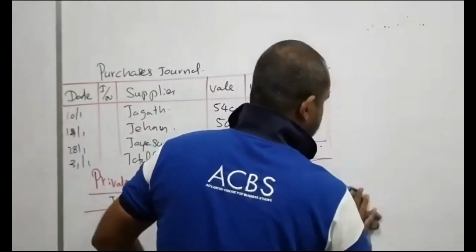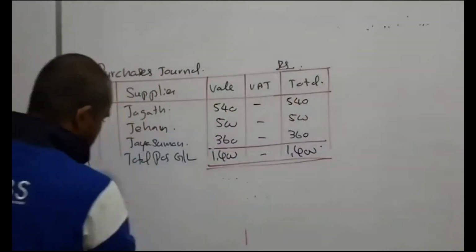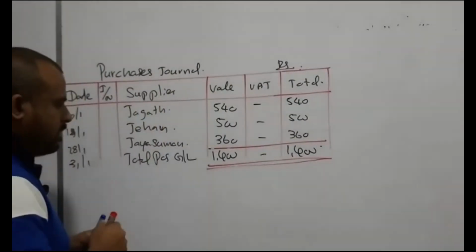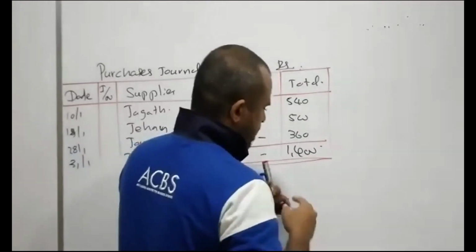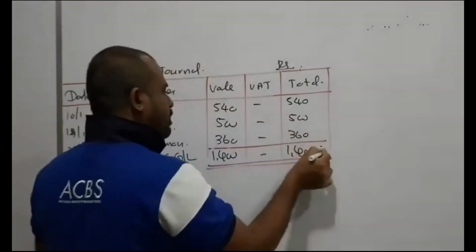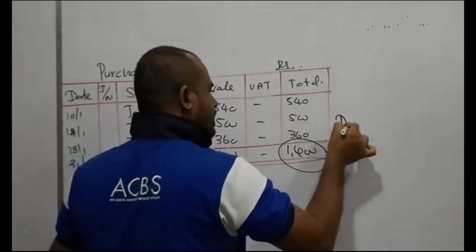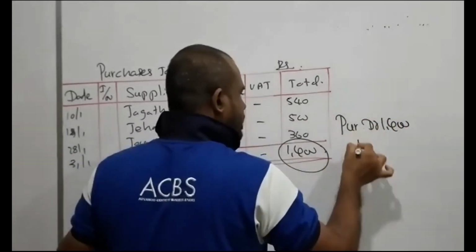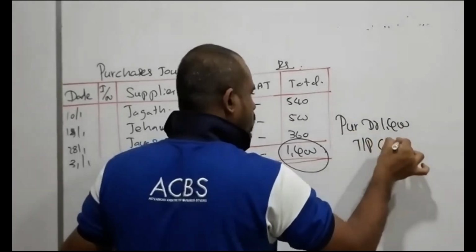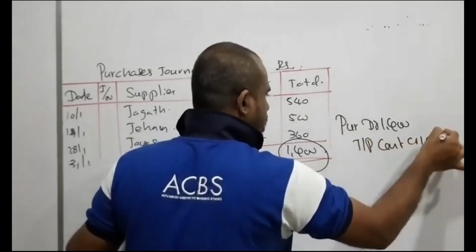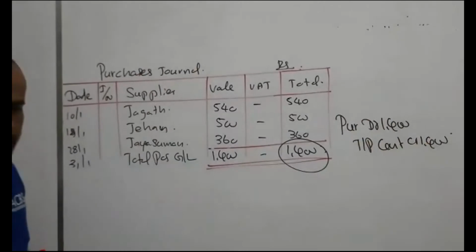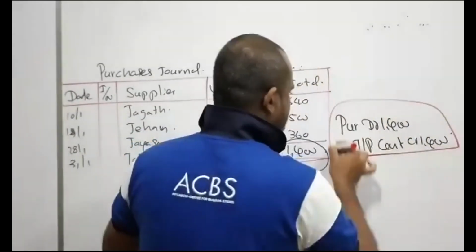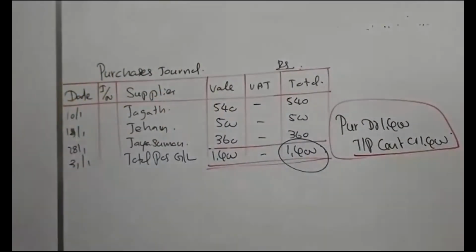So when you copy the total of the purchases journal to the ledger, the double entry is: purchases account debit 1,400, trade payable control account credit 1,400.